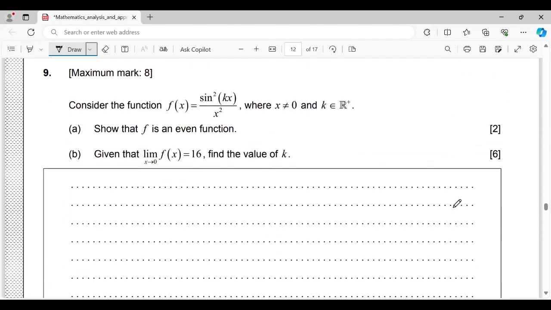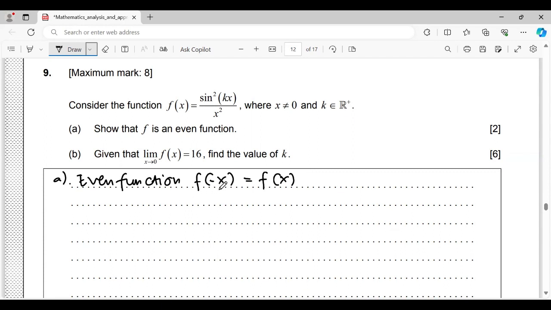Now this. Number 9, consider the function f(x) equals sine squared kx over x squared. Show that f is an even function. Okay, even function happening if f(-x) equals f(x).